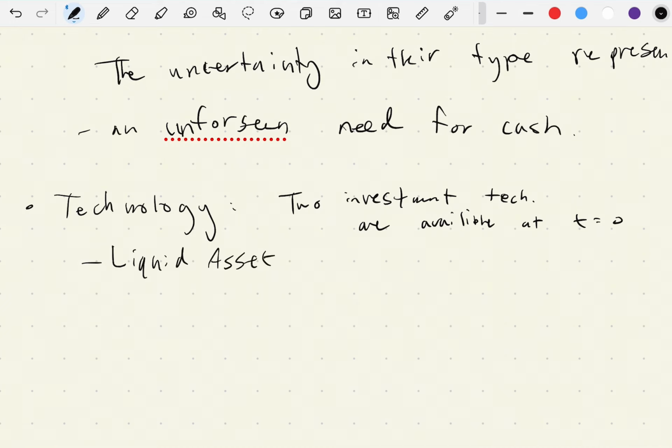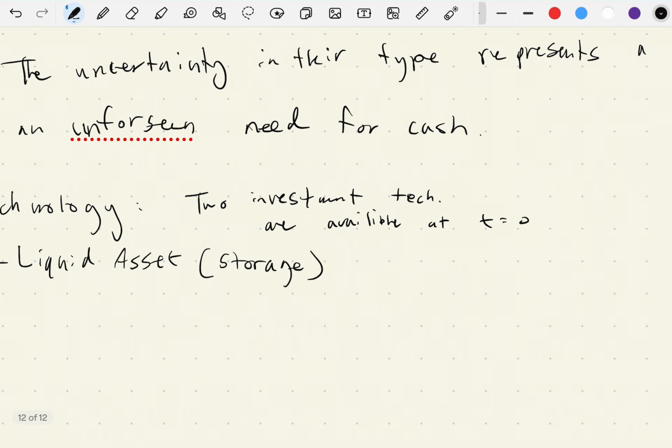So a liquid asset, or you can think of this as storage, it's more well defined economically. It's storage. So a short-term technology.